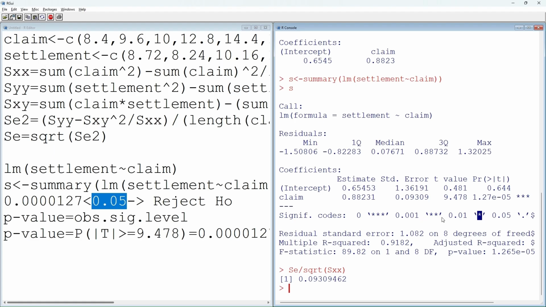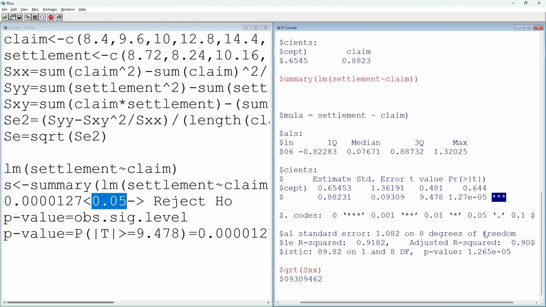If it is a double star, it means that your p-value is significant at the 1% level. But this one, given that it's 3 stars, is even beyond the 1% level, it is at the 0.1% level of significance. The smaller it is, the more significant it is.